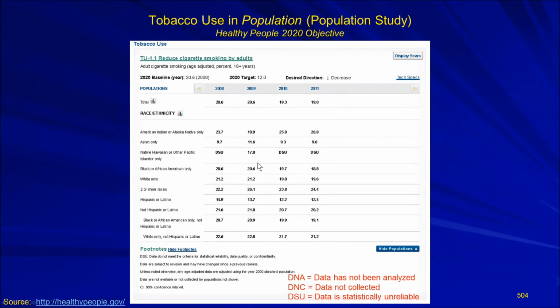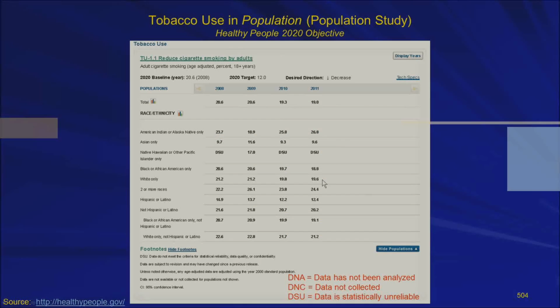Okay, and the DSU indicates that the data is statistically unreliable, and that's why they didn't include it. Now, let's go down and look at Black or African American only, and you can see their smoking rates. There's a slight drop, but it's not a major drop. And you can see that probably you would conclude that Black and white people smoke just about the same amount, same percentage.